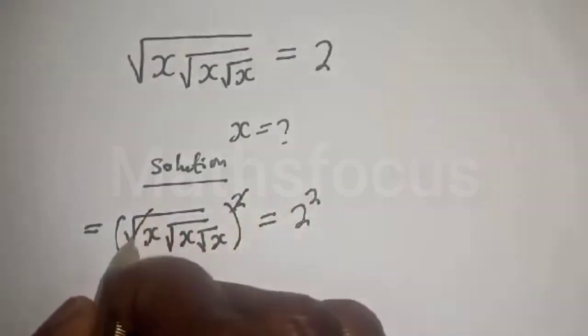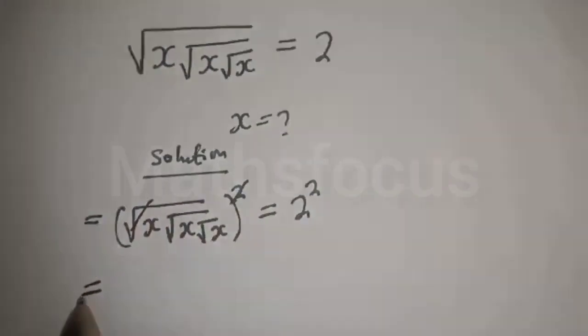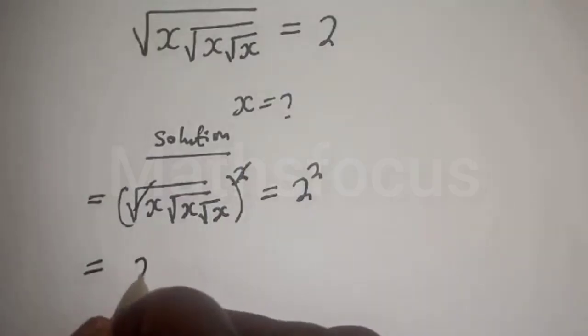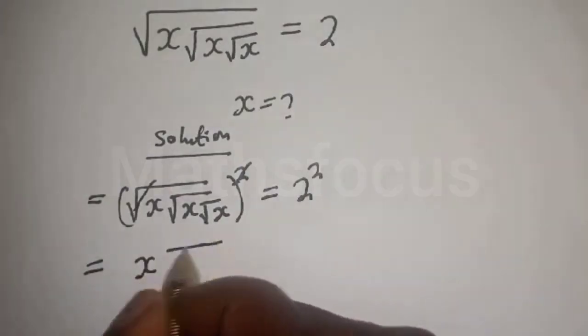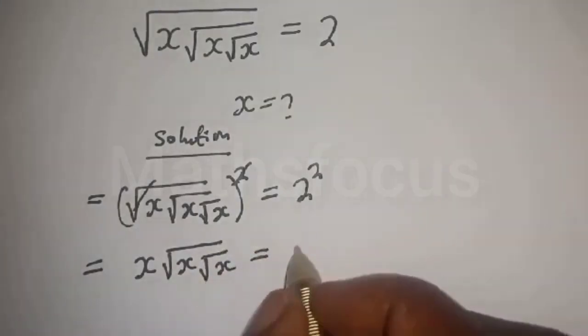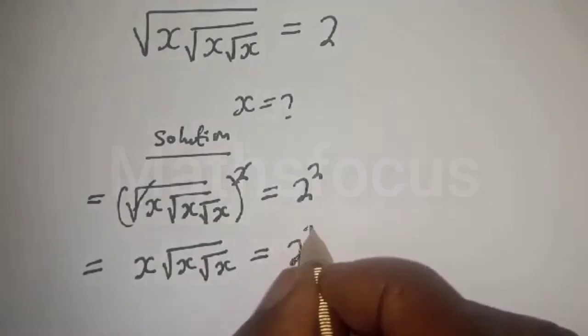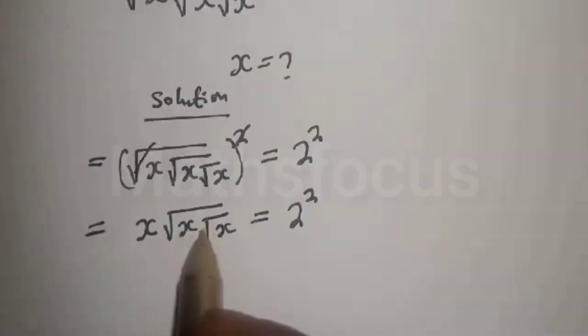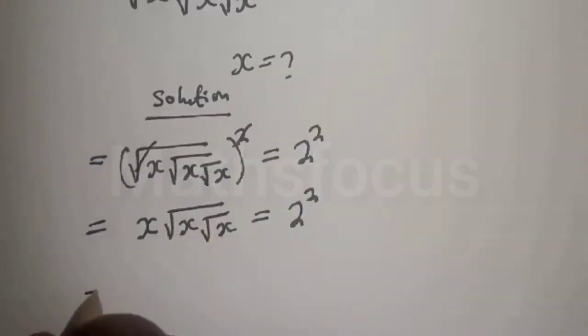This one will cancel this. S, square root of s, square root of s is equal to 2 squared. Let's take the square of both sides again.